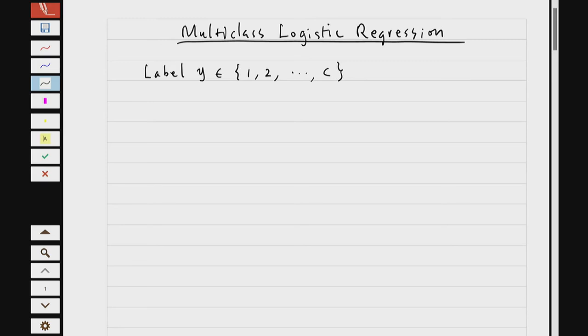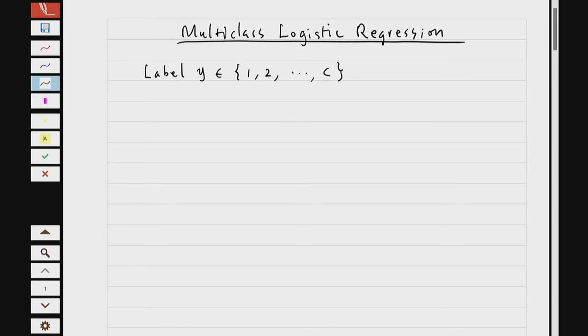These are the labels, so you have to classify the given X vector into these C different classes. And you're given the training data set to do that. The training data set is still X, Y, except that Y now can take C different values. So this extension is kind of obvious.